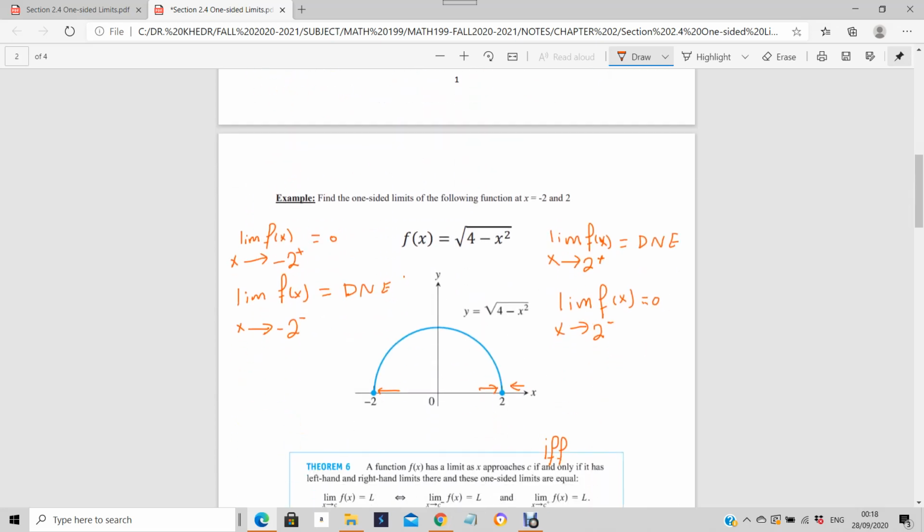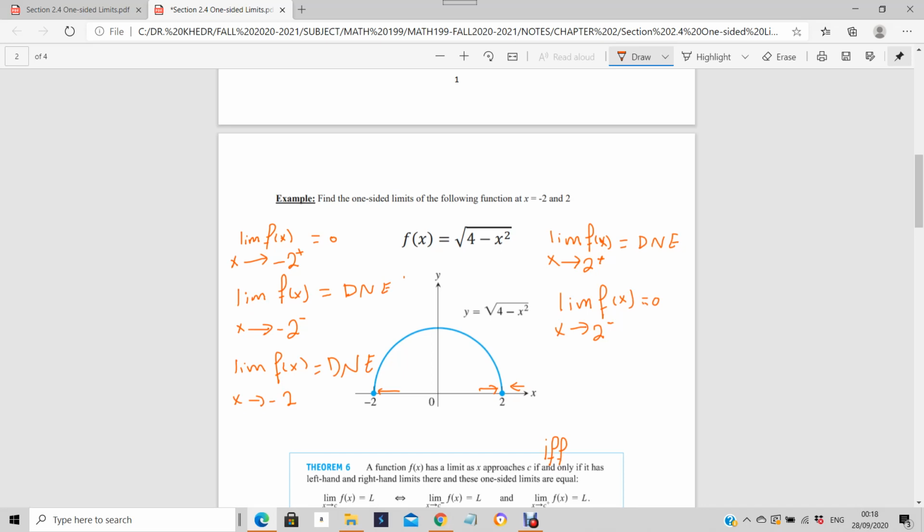How about this example? At x equals minus 2, what is the limit of the function? Lim f of x as x goes to minus 2, also D N E. Why? Because the one-sided limits are different.